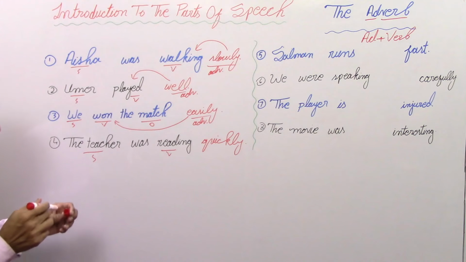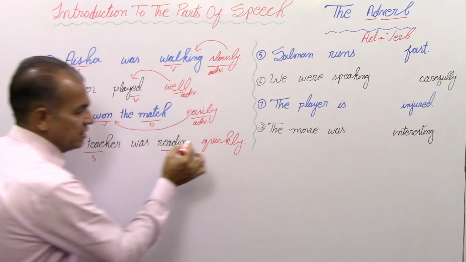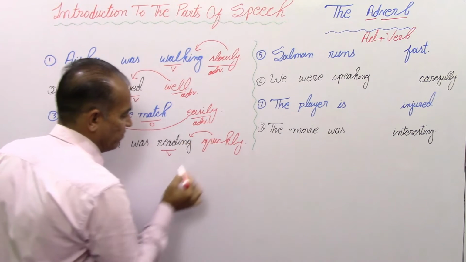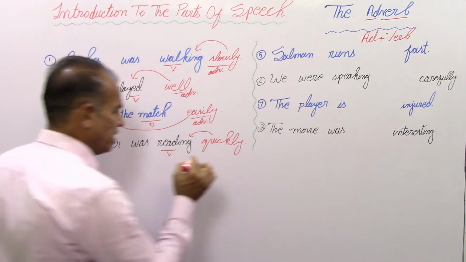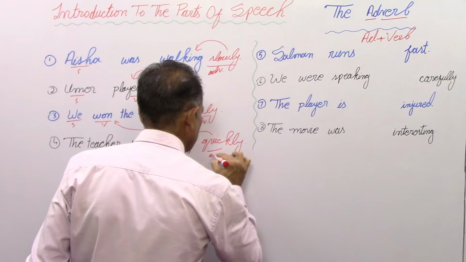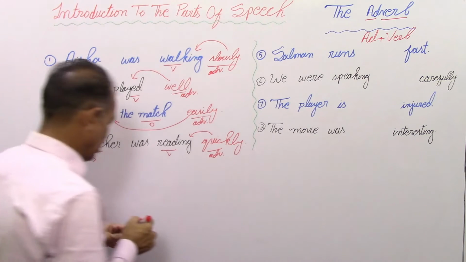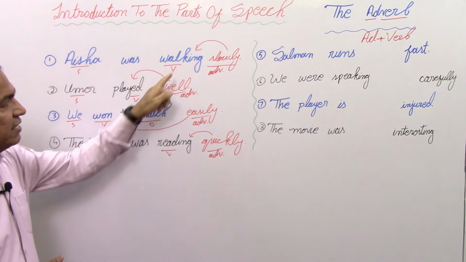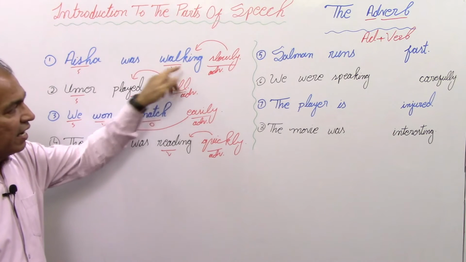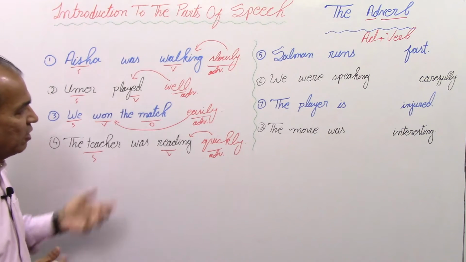The teacher was reading quickly. So guys, the word quickly has modified reading, the verb. So that's why this will be called an adverb. So in these four examples you have seen how an adverb modifies the verb of the sentence and adds something to the meaning of the verb.